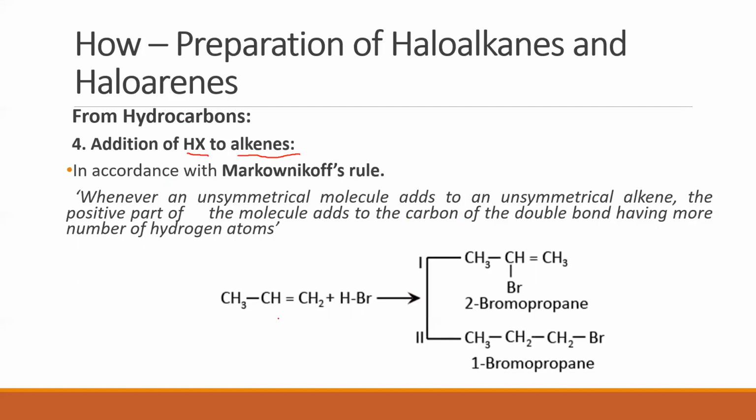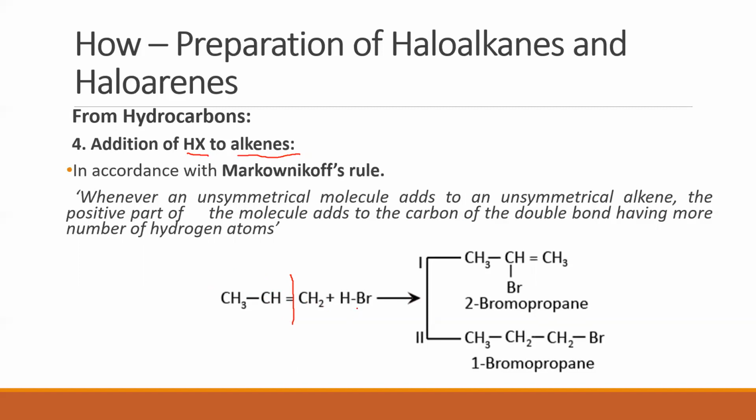This is propene. Now this propene is unsymmetrical. Now why is it unsymmetrical? Because if I break across the double bond, do I get two equal parts? No, I don't. I get two unequal parts. Hence, this is an unsymmetrical alkene. Now what is he saying?